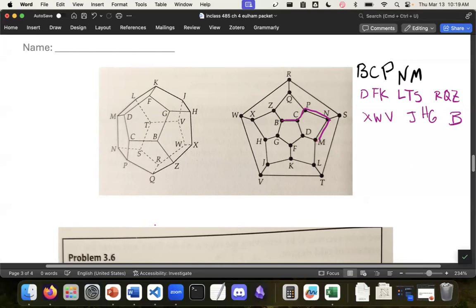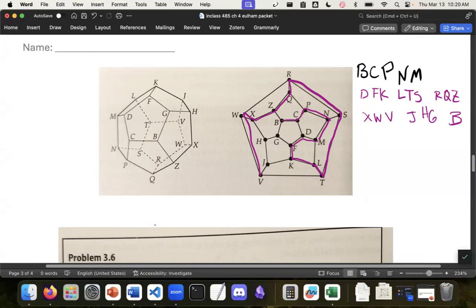Okay, so we go to D, F, and then K, then L, T, up to S, across to R, down to Q and Z, and then X, W, down to V. We don't care about the edge between N and S or the edge between R and W. We only care about visiting each vertex.